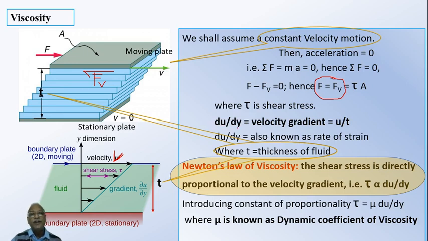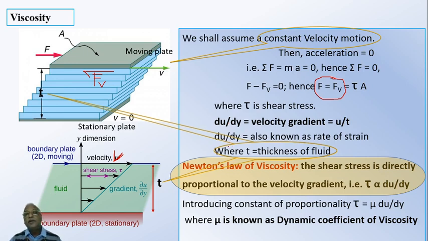So dou u by dou y is nothing but the velocity gradient, the rate of change of velocity, and it can be put as u or v divided by t. Because it is a linear variation, it can be put simply as u by t. If it is a non-linear variation, obviously you have to take the differential form du by dy.